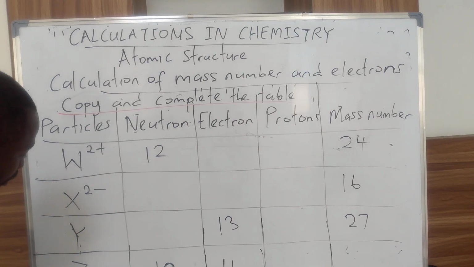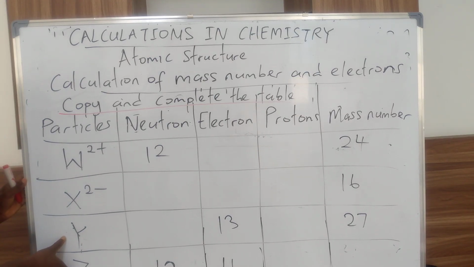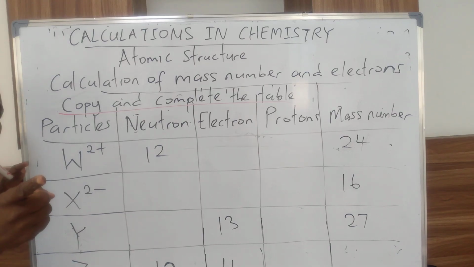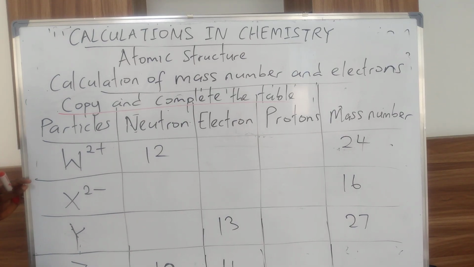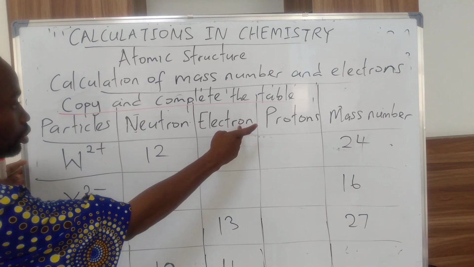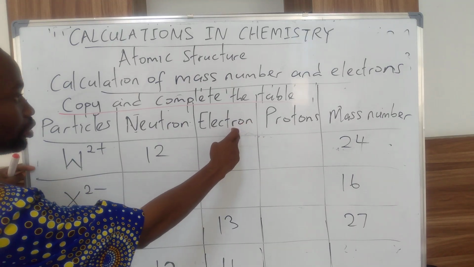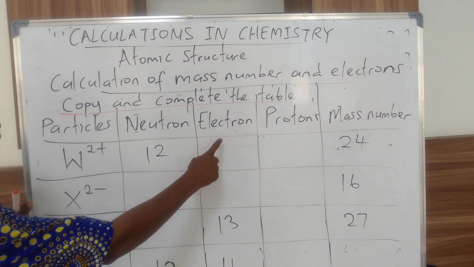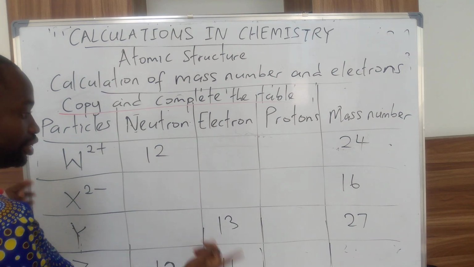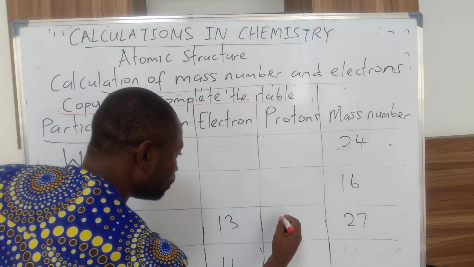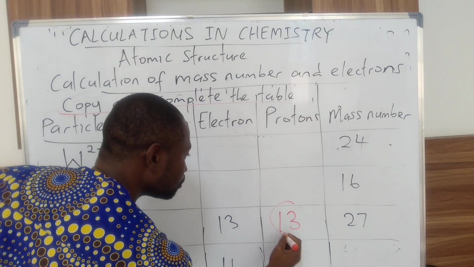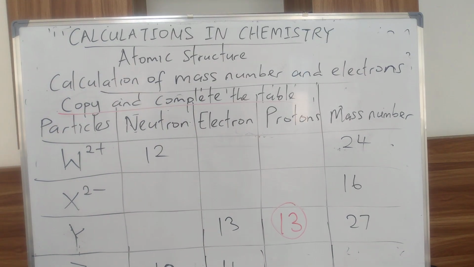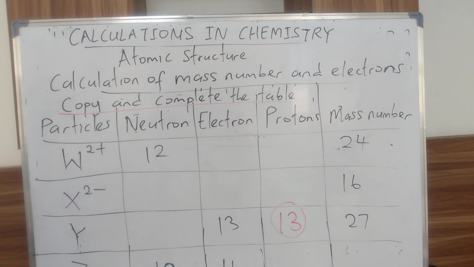Now, let's start with a neutral atom. Remember, I told you that in a neutral atom, the electron is the same as proton and atomic number. So this is a neutral atom. Why? If the electron is 13, therefore the proton will also be 13, because it's a neutral atom, it's going to give you the same thing.